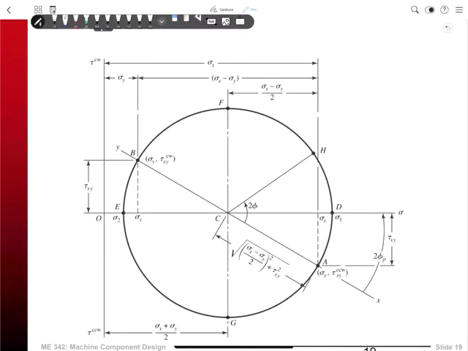We can get the radius. We'll get that first. Well, what is this spot here? I need that. That's the center. So this is the center, which is just halfway between here and here, or halfway between there and there. So this is just sigma x minus sigma y divided by 2.